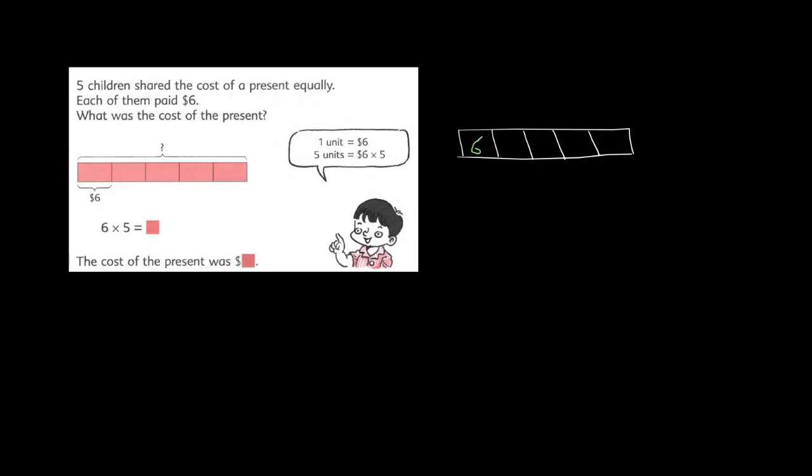So this one paid $6, this one paid $6, this one paid $6, this one paid $6, this one. So there are now five sixes. So please note that five sixes is equal to 30, right? And that is what we calculate. We're just adding 6 five times.